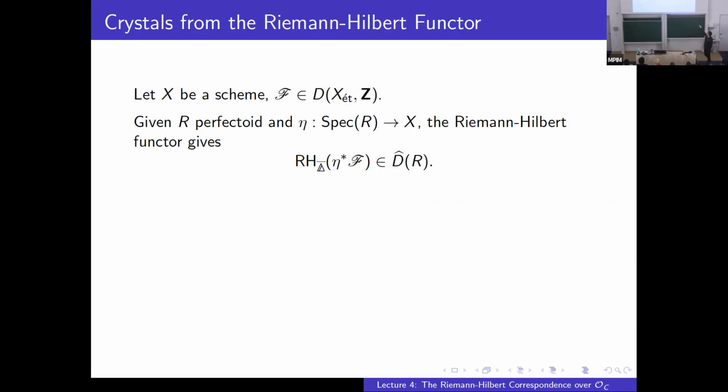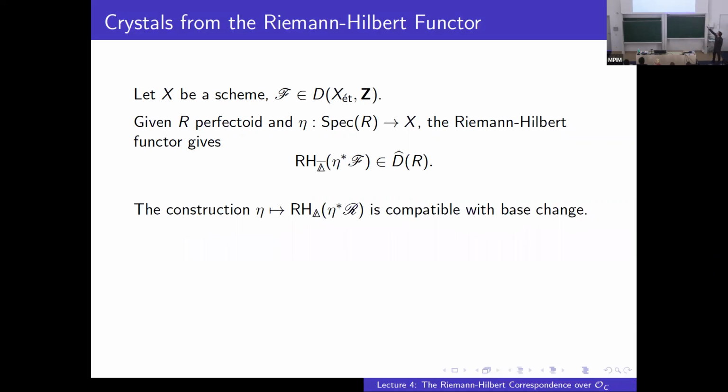And one of the things that I told you was true about this construction is that it's compatible with base change, which is exactly what you would need in order to say that this construction gives you a perfected Hodge-Tate crystal. So I'm going to denote that by script RH, prism bar of F.